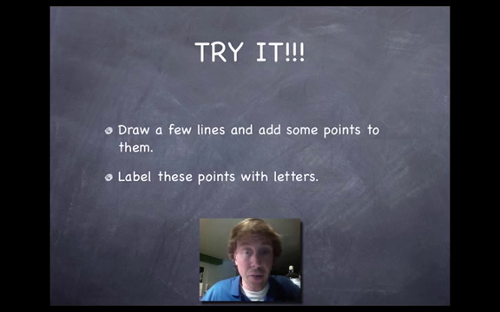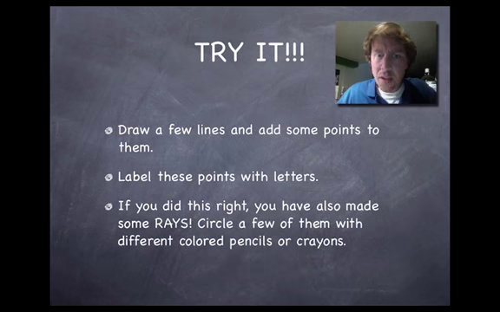You can pick any letters that you want. And if you've done this properly, you've made some rays. I want you to circle a few of them. If you can circle them, try to write them down. If you want to back up the video to see how I did it, go ahead and back it up. Check it out. See if you can label your rays after you circle them.